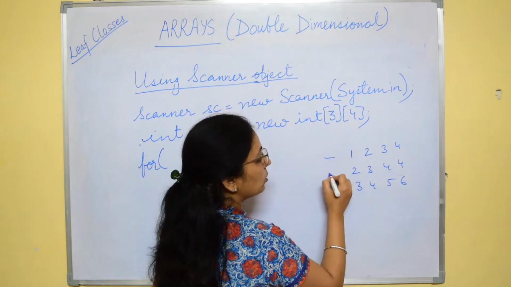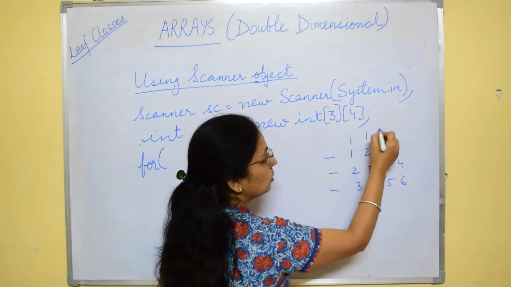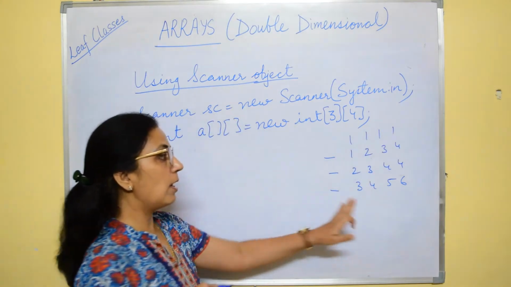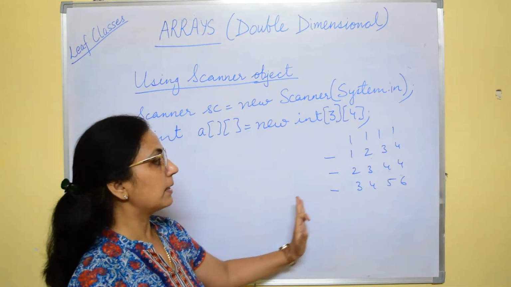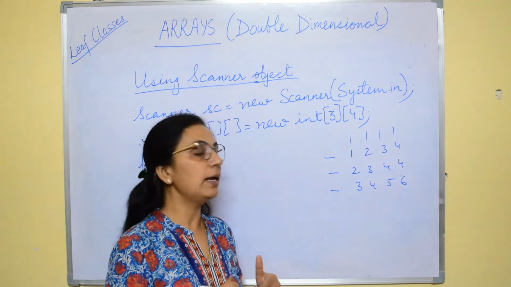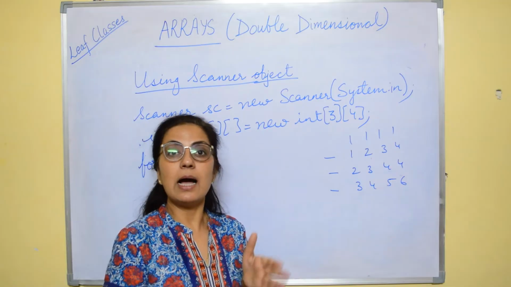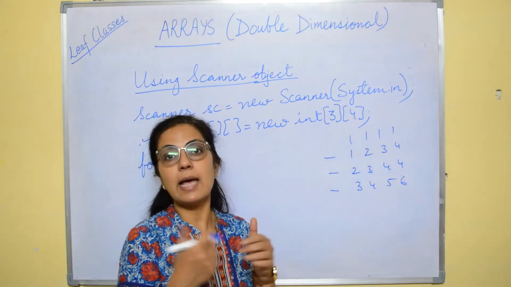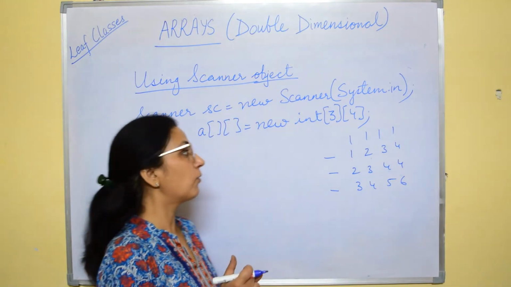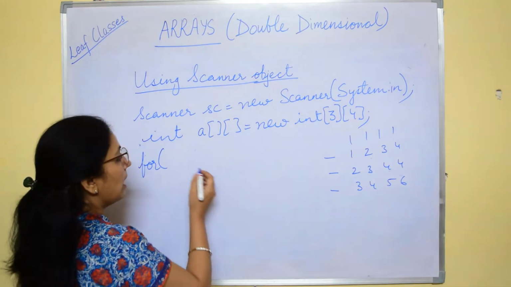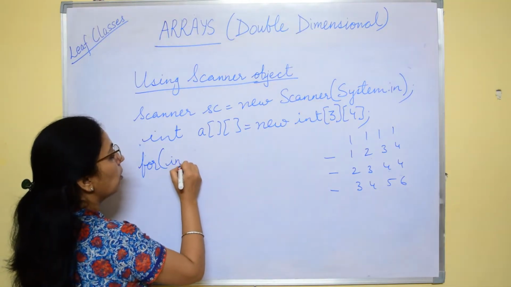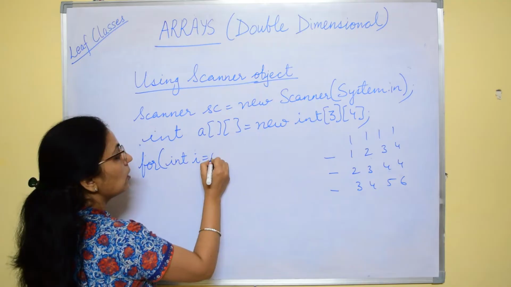So first row, second row, third row, 1, 2, 3, 4. 4 columns are there and 3 rows are there. So always the outer loop is for number of rows and inner loop is for number of columns.